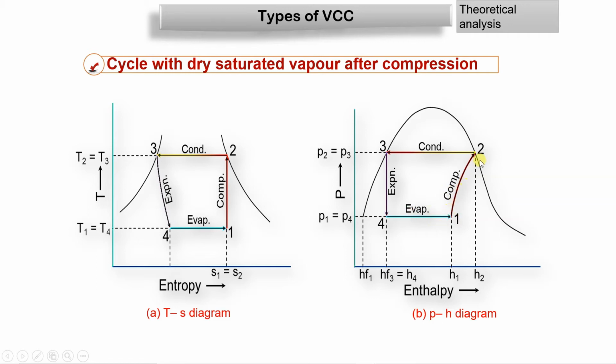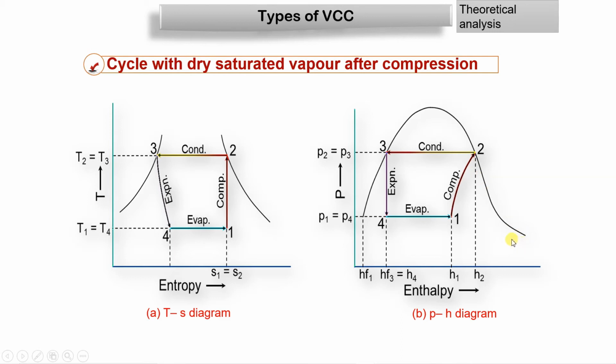Point number 2 is the outlet of compressor or inlet of condenser. Point number 3, outlet of condenser or inlet of expansion device. Point number 4, outlet of expansion device or inlet of evaporator. So in the cycle with dry saturated vapor after compression, point number 2 is clearly on the saturated vapor curve.